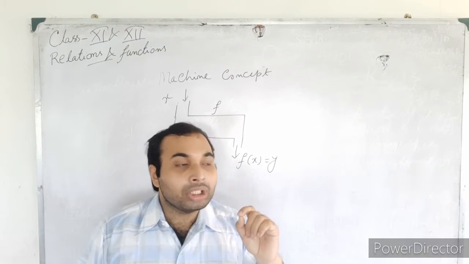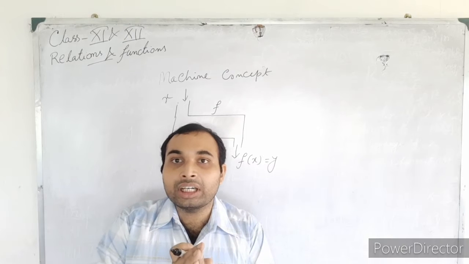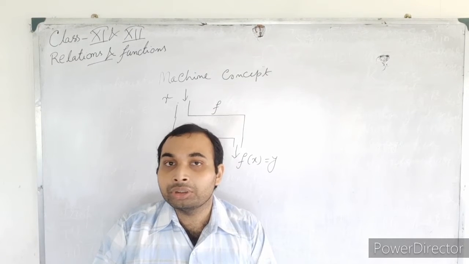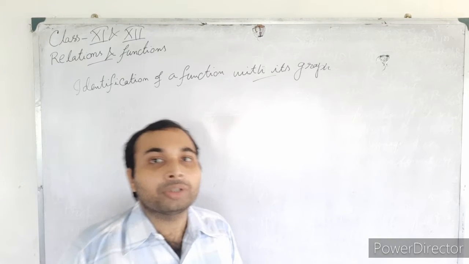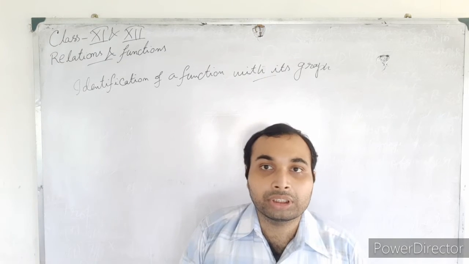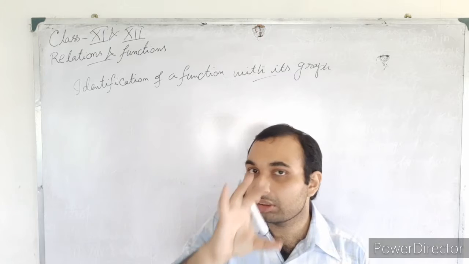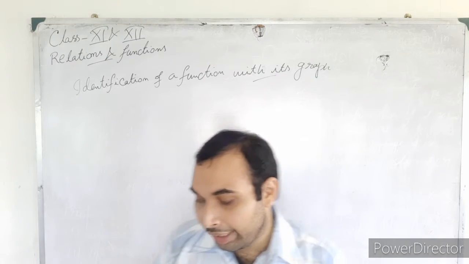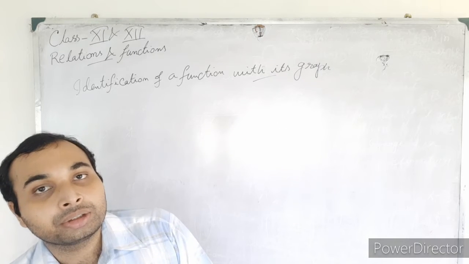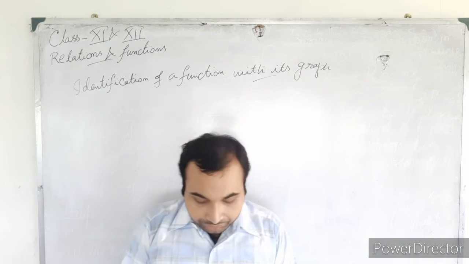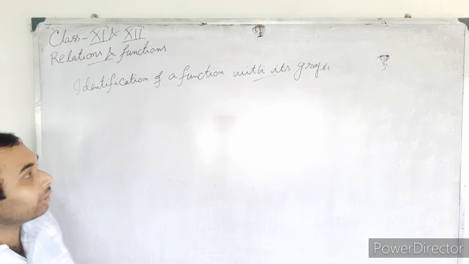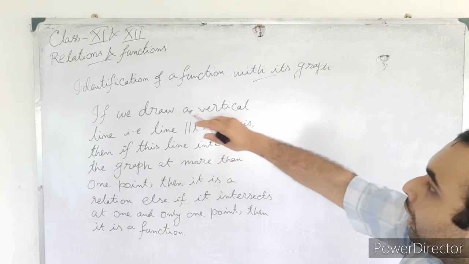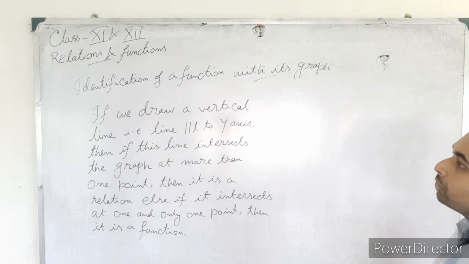Now how will you know, by seeing a graph, whether it is a function or not a function? If one graph is given and you are asked to identify whether it is a function, let us see the rule: the identification of a function with its graph.